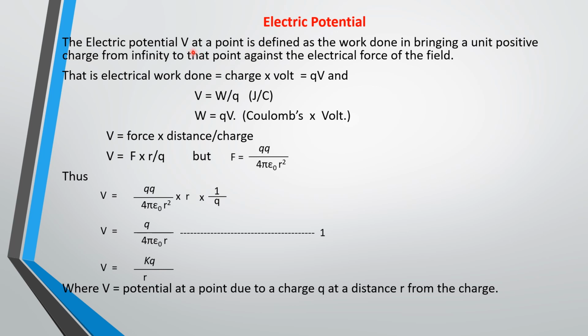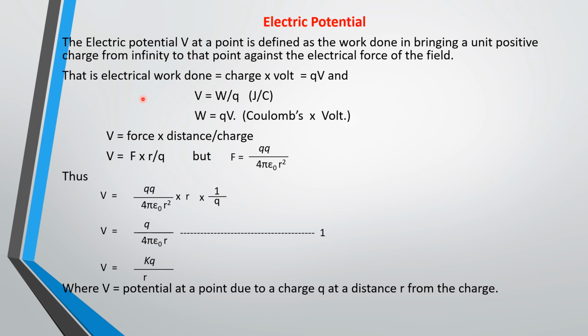When we talk about potential energy, we're talking about the energy that you possess due to your position. So electric potential has to do with energy, so it has to do with work done. And we have said that it is the work done in bringing a unit positive charge from infinity to that point against the electrical force of the field.